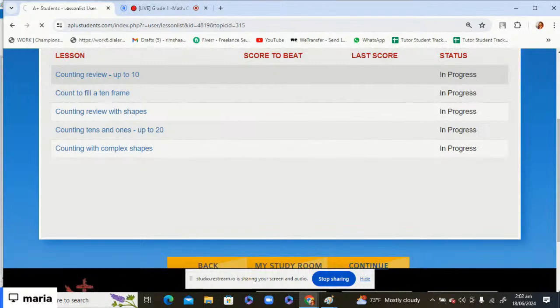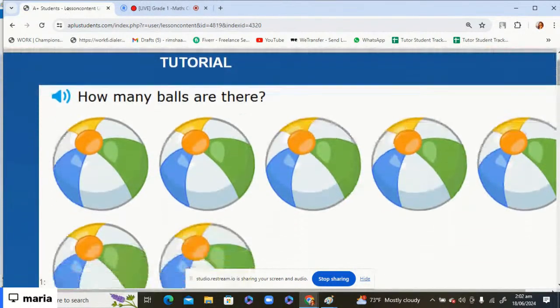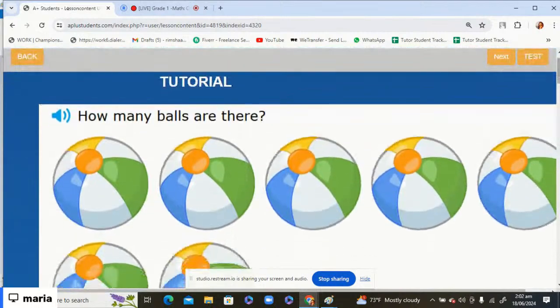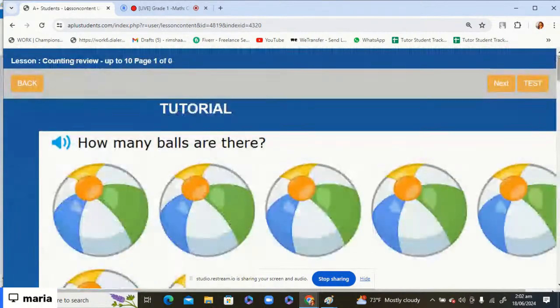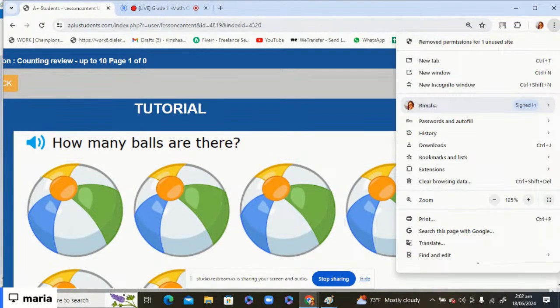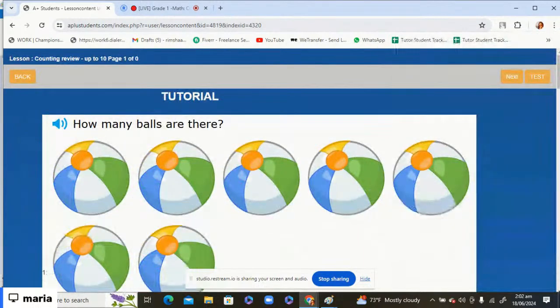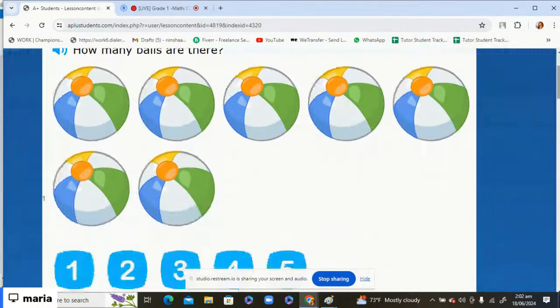Let me open. So this is the counting review. So how many balls are there? We just need to count all the balls. So let's count.